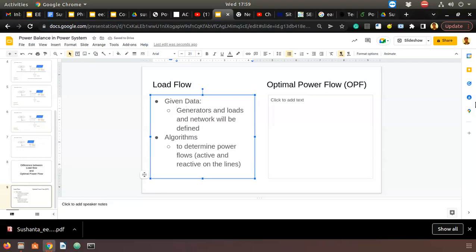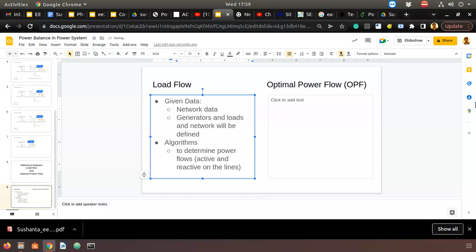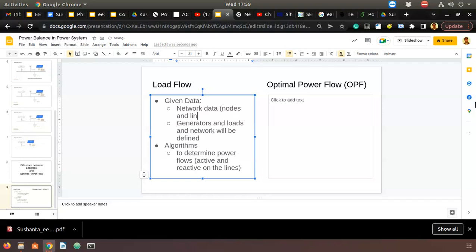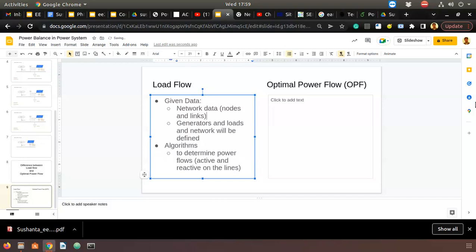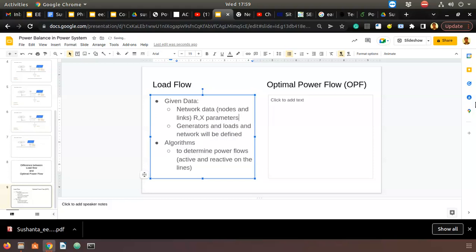Generation, and network data. So what is network data? Basically, nodes and links. Nodes means buses. So nodes and links with its RX parameters.